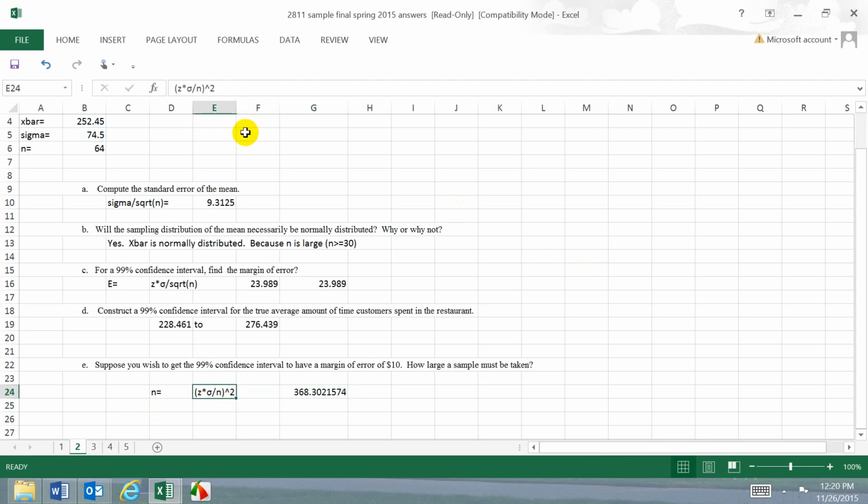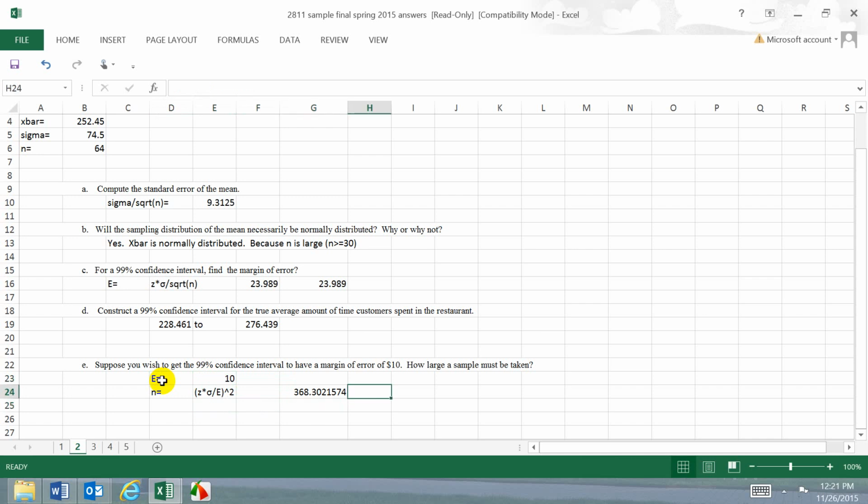Again, let me fix this formula. That's not z sigma over n squared. That's z sigma over e squared. So e is the margin of error that we're looking for. That's the 10. We're looking for an e equals 10. So that's 368.30.